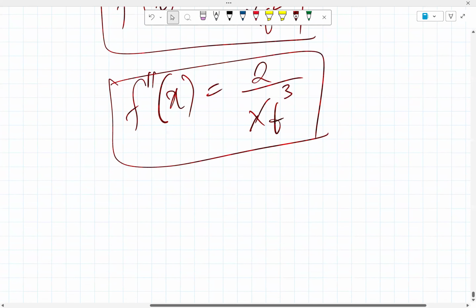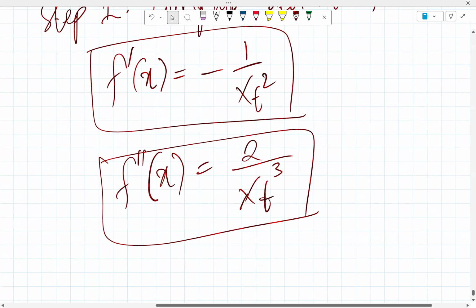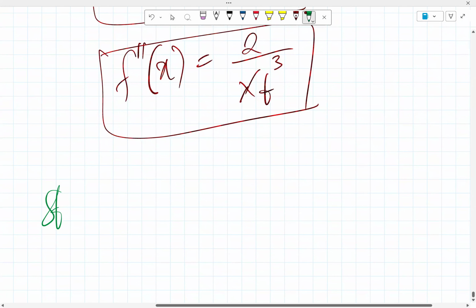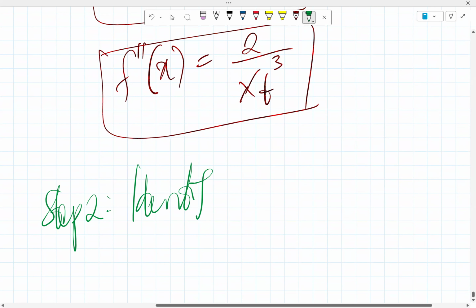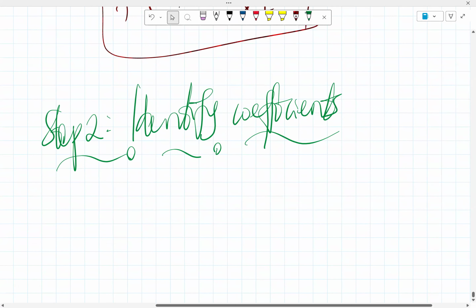So with all of that in place, we then identify coefficients. That's step 2 now. Step 2, identify coefficients. In as much as stochastic calculus does not follow classical calculus, we still need some concepts of classical calculus to get things moving.